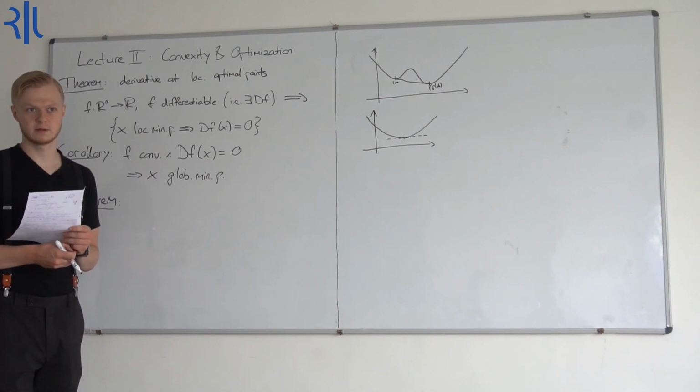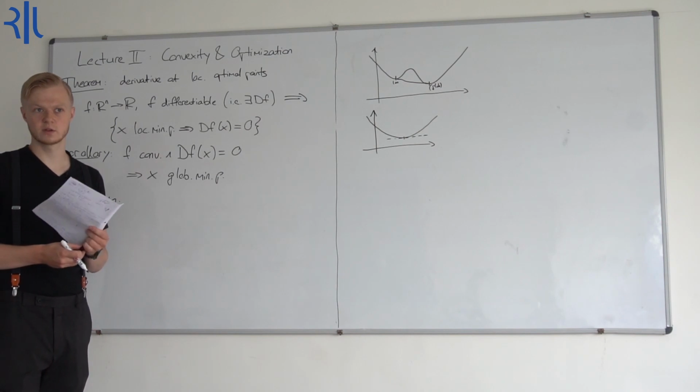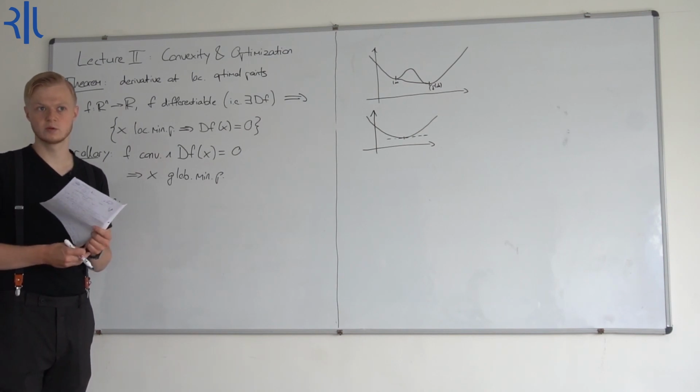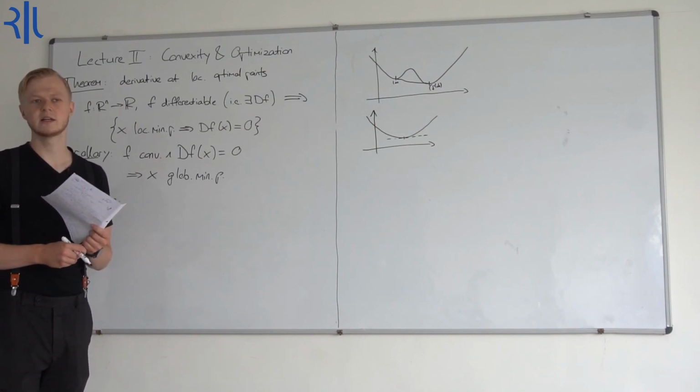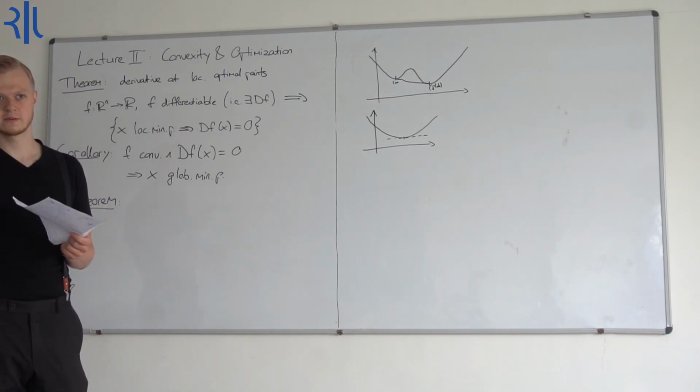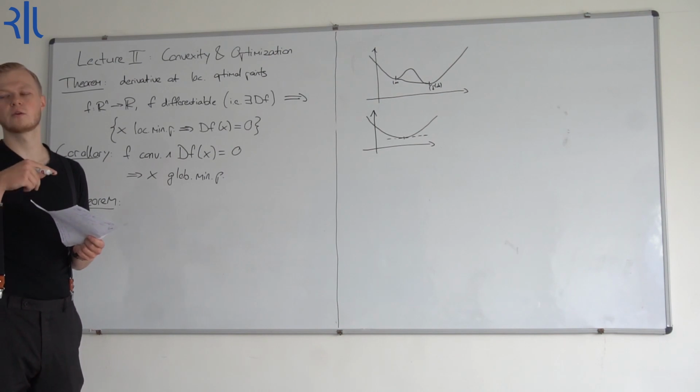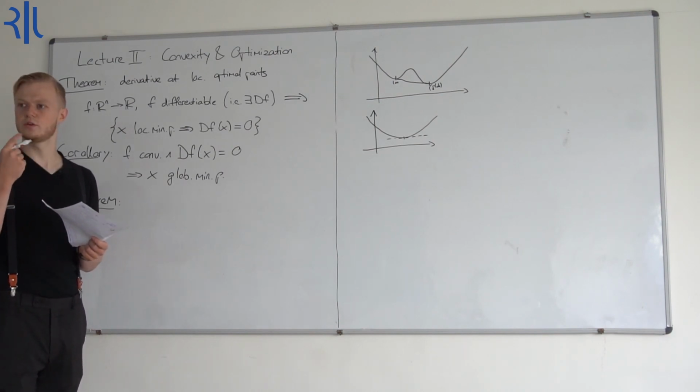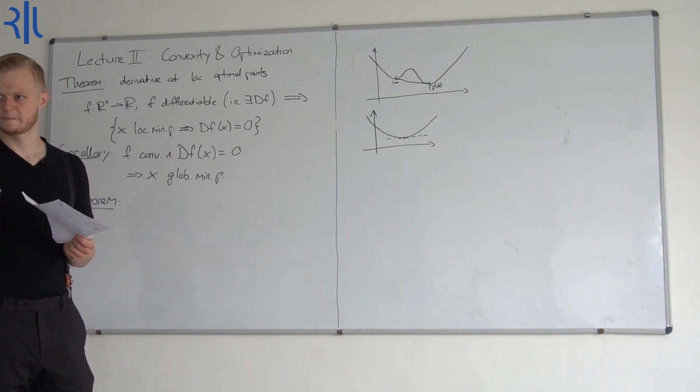This is also maybe something that you did in school. If you've seen the concept of convexity before, you had to calculate the second derivative. If it was positive or non-negative for all values, then you knew the function is convex.